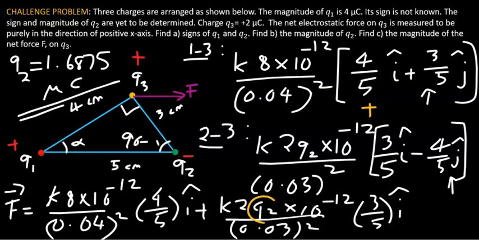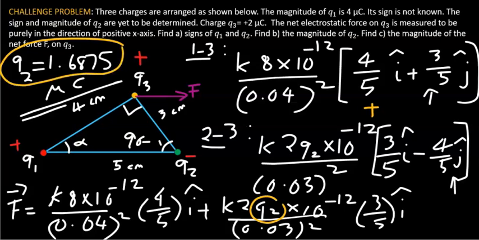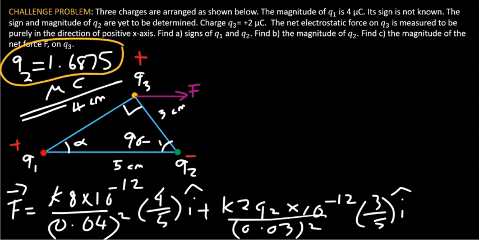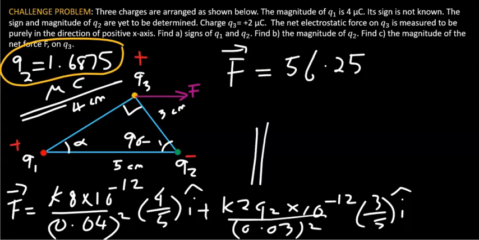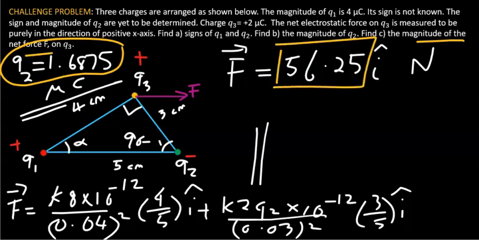The number Q2 has been evaluated right there, it's 1.6875, and we can substitute that in here to get the net force F. And when you do that, you would get F equals 56.25 i hat newtons. That means the magnitude of the net force F is 56.25 newtons. And that solves the problem.